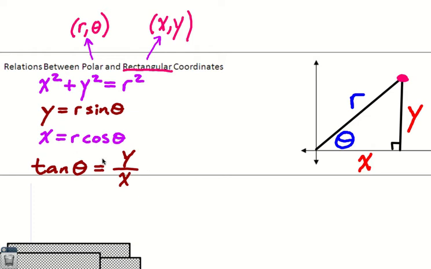And the other connection worth writing down is that the tangent of theta would equal y over x. Okay? So those four mathematical statements pretty much describe how the x, y values are related and connected to the r and theta values.